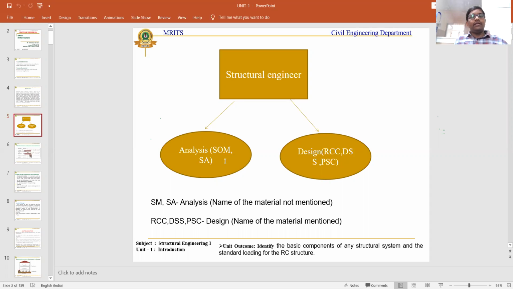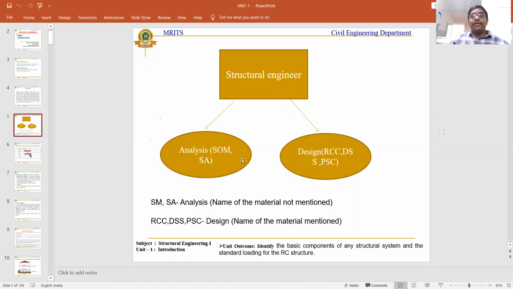First, he will analyze the structure, thereby studying the different concepts and behaviors of the structural members. For analyzing these structures, we must study the different concepts. The first one is the shear force and bending moment diagram.